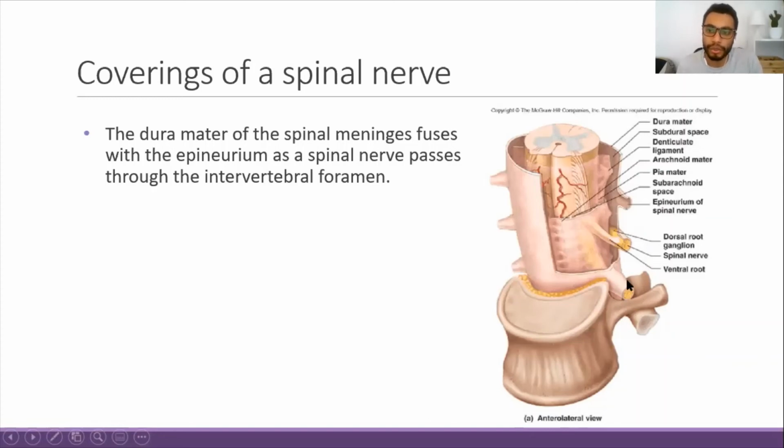The dura mater of the spinal meninges fuses with the epineurium of a spinal nerve when it passes through the intervertebral foramen. So despite this being considered peripheral nervous system, this little part here is also protected by dura mater, by the meninges.